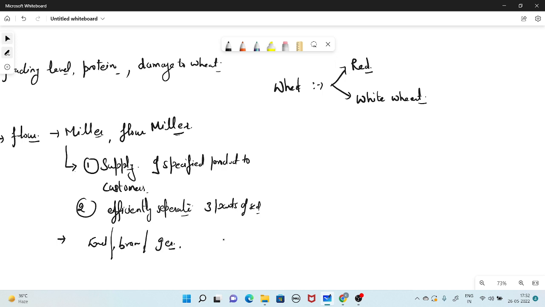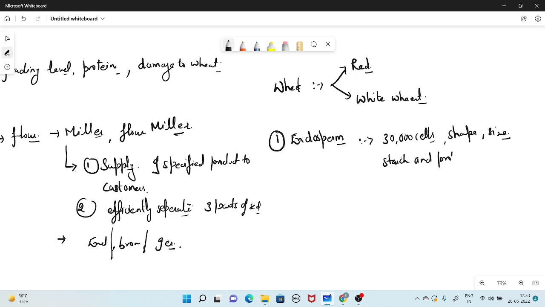If we talk about its seed properties, number one is the endosperm, right? The endosperm has more than 30,000 cells which vary in shape and size and also in the composition of starch and protein.